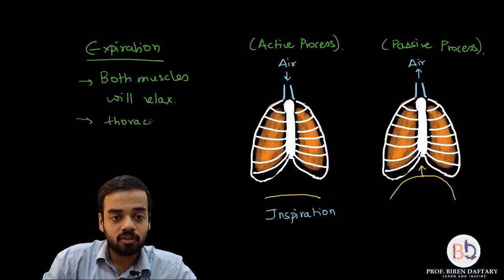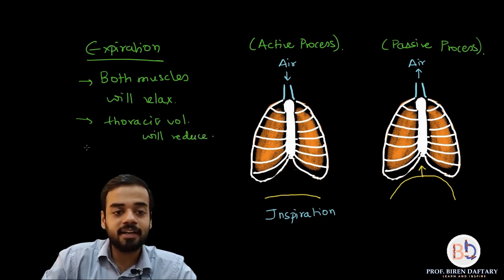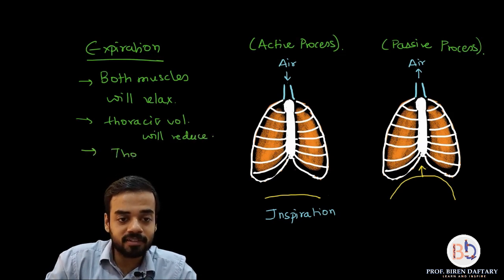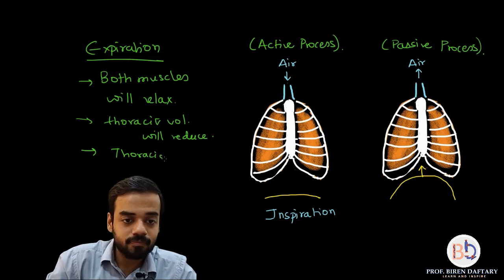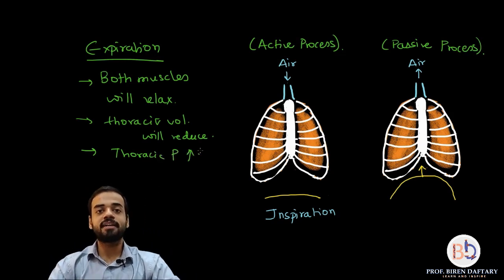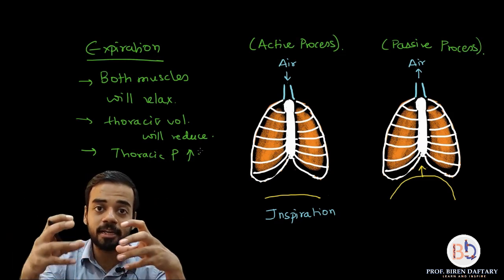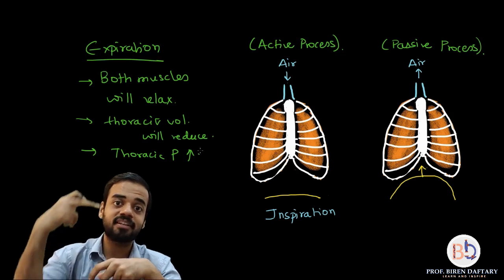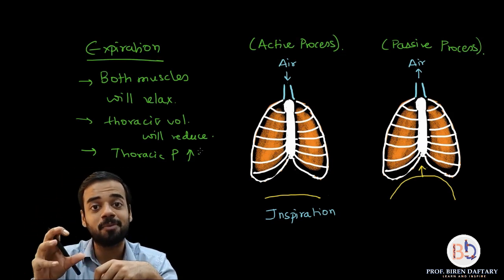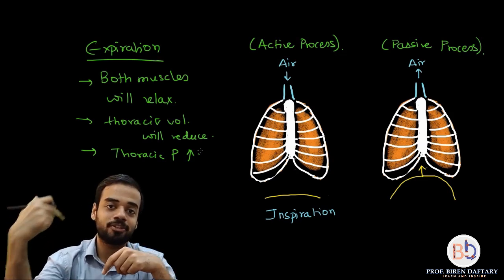Thoracic volume will reduce, and when that happens, thoracic pressure will increase, correct? Because they are inversely proportional. So again a gradient is created. Now suddenly inside the thoracic cavity air pressure is more, whereas the environmental air pressure is comparatively less. So now again air will move from high pressure to low pressure.